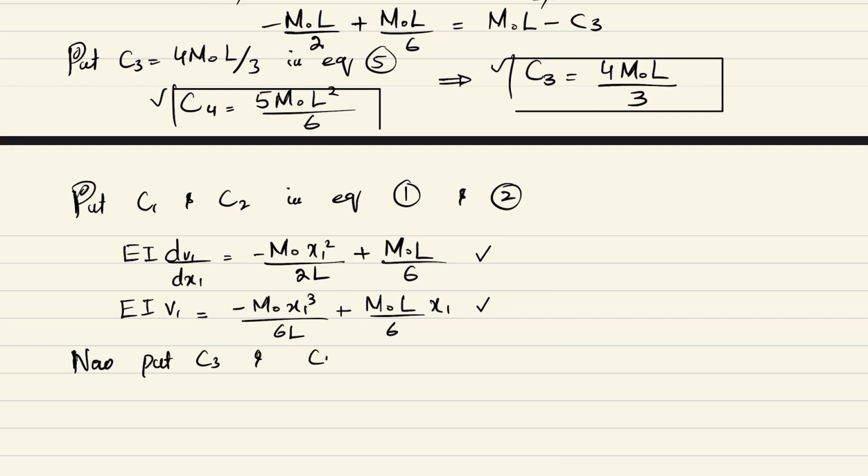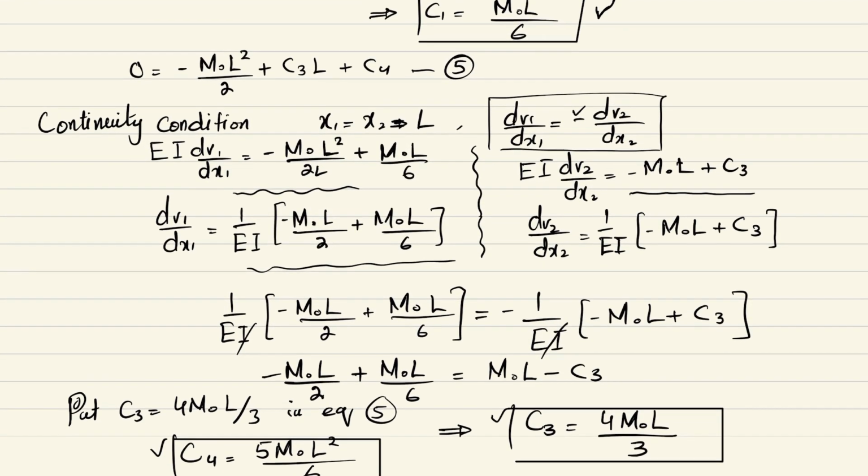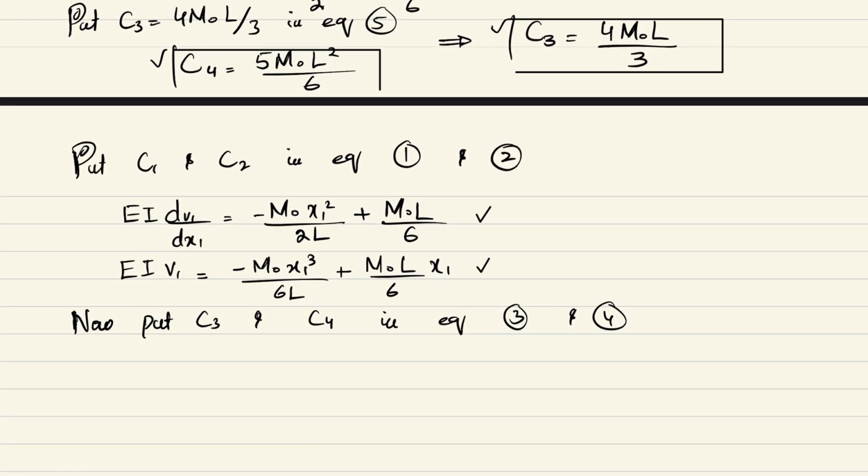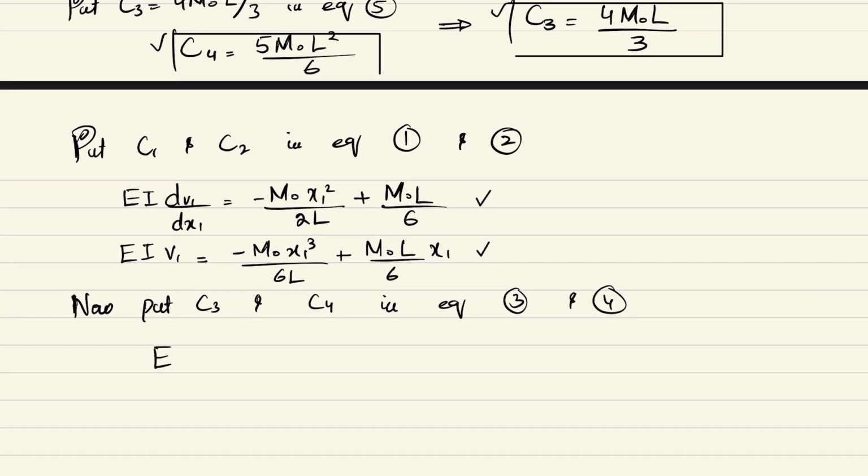Now put C3 and C4 in equations 3 and 4. We need only C3 in equation number 3, this is your equation number 3. After putting the value of C3 in this equation, we will get EI into dv2 over dx2 equal to minus m naught x2 plus C3, and C3 is 4 m naught L over 3.